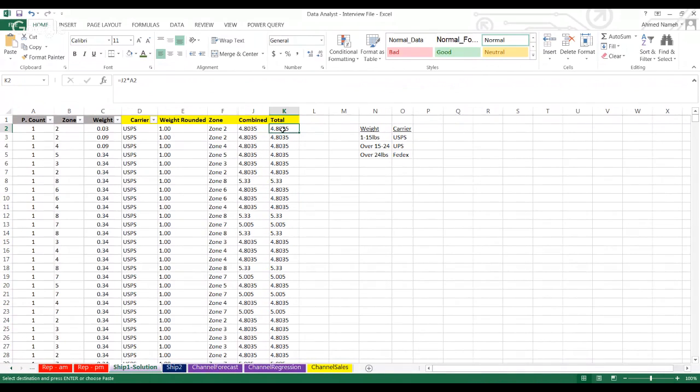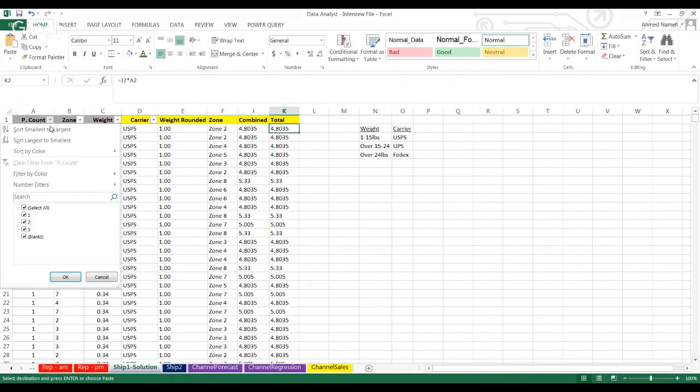Now, the total column may look like it's producing the same results as the combined column, but what I noticed is there are certain line items where the P count, which I assume is short for parcel count, is either 2 or 3.